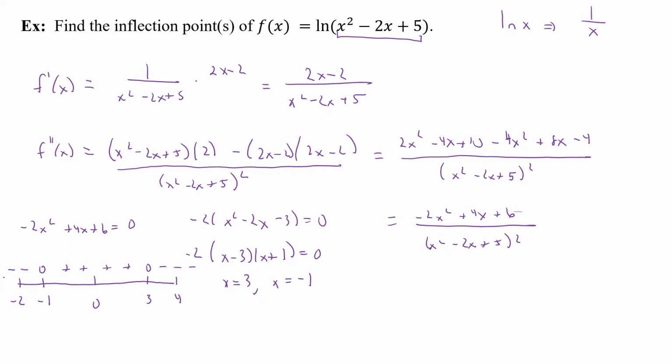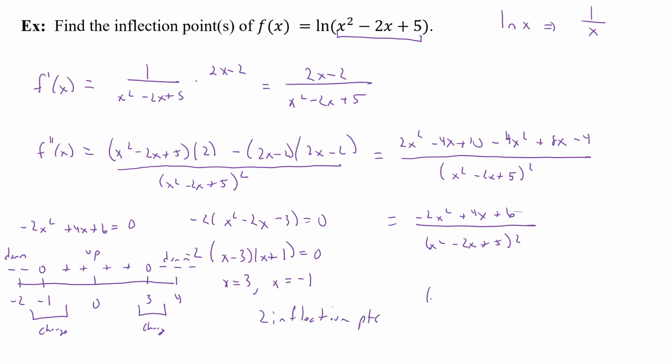So this is going to be concave down, this is going to be concave up, and this is going to be concave down again. We notice there's a change here and a change here, a change in sign and a change in sign, so there are going to be 2 inflection points.